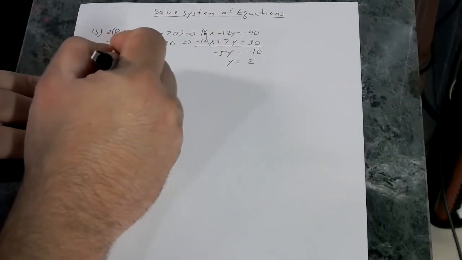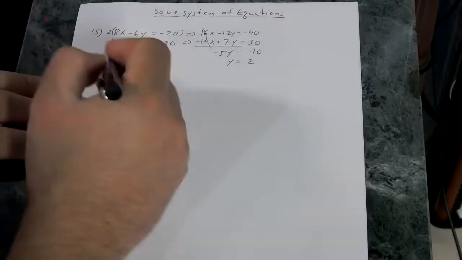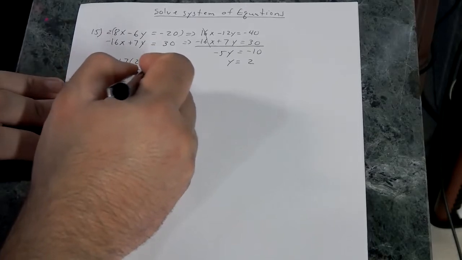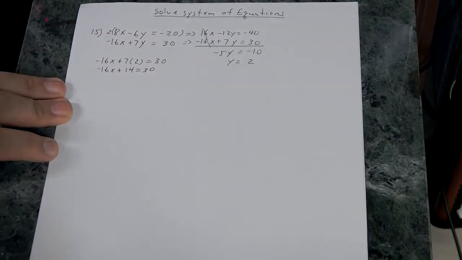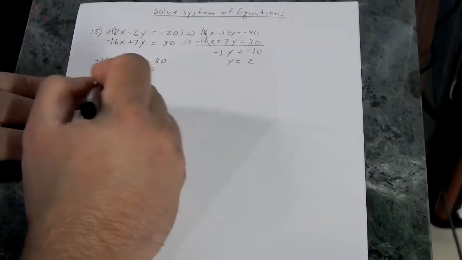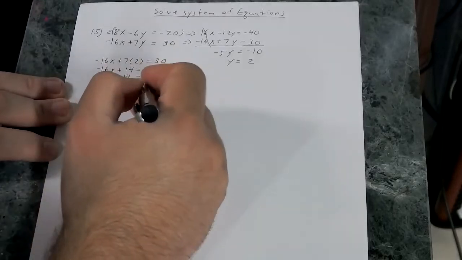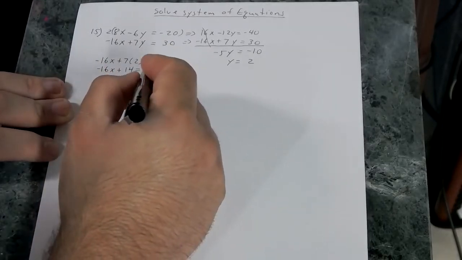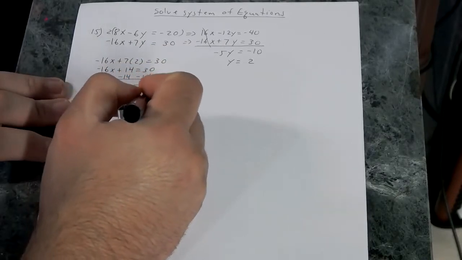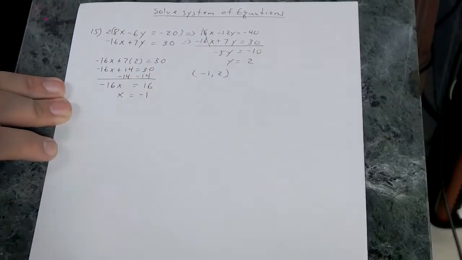Negative 16x plus 7 times 2 equals 30. Now let's just do the math. We get negative 16x plus 14 equals 30. Subtract the 14 from both sides. And we end up with negative 16x equaling 16. Dividing by negative 16, x is negative 1. So my ordered pair is negative 1, comma 2.